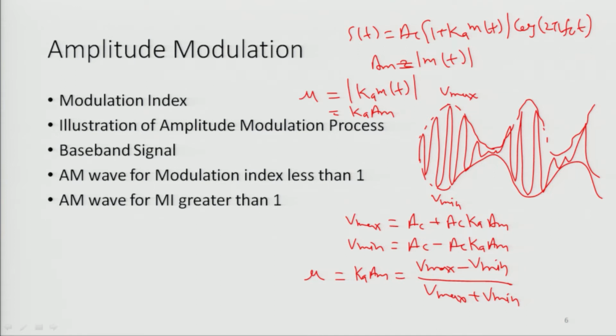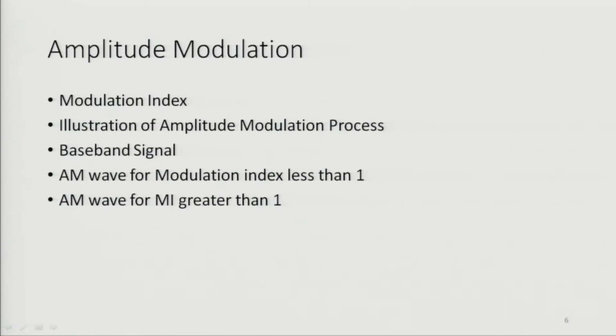Now, illustration of amplitude modulation process. Basically, the AM waveform when modulation index is less than 1, and the AM waveform when modulation index is greater than 1. Suppose there is a modulating signal whose maximum value is Am and minimum value is minus Am.